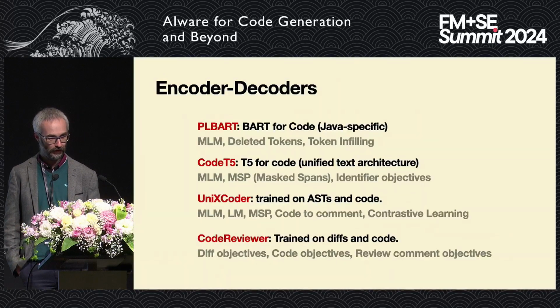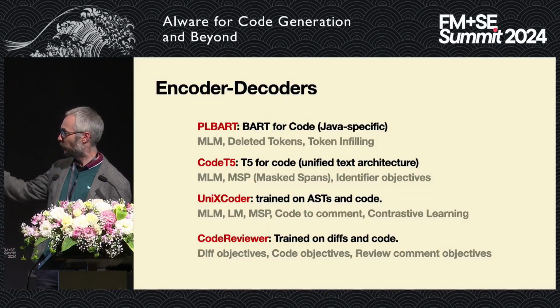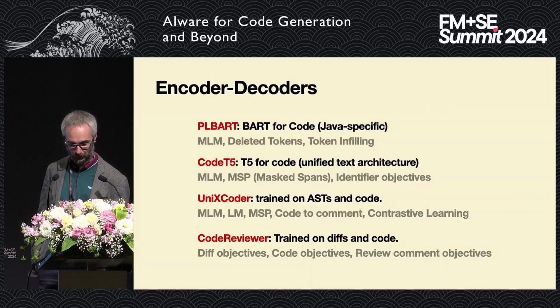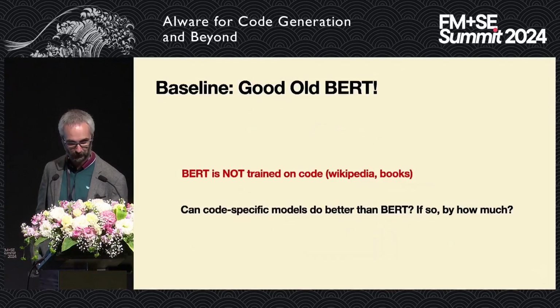Then we had some encoder-decoders: PLBART, CodeT5, which Satish talked about earlier, UniXcoder, which is also trained on some structure, ASTs, and CodeReviewer, which is trained on code and also diffs. So it's a varied set of models that we looked at.